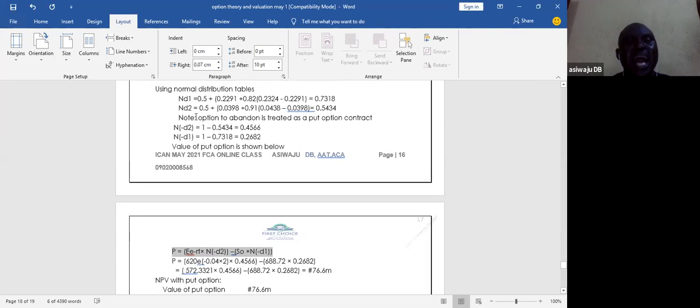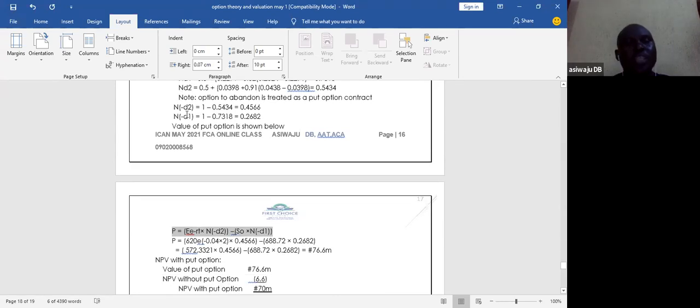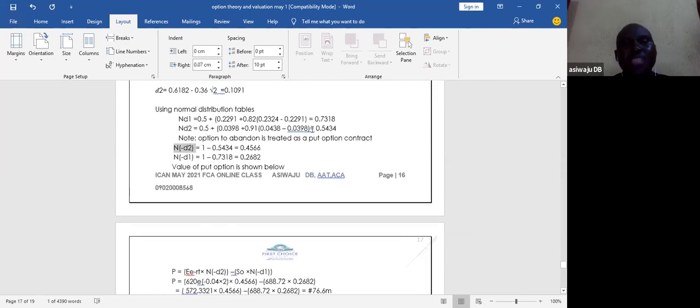That means I cannot stop at my ND1 and ND2 because I require N(-D2) and N(-D1). To compute your N(-D2) is simply 1 minus ND2.